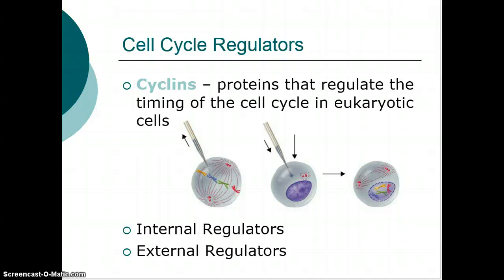When you have a cut, the neighboring cells around the cut will trigger the cells to grow and divide rapidly for healing. So there's internal and external regulators that can speed up or prevent growth and division of cells. So that should sum up mitosis and chapter 10.